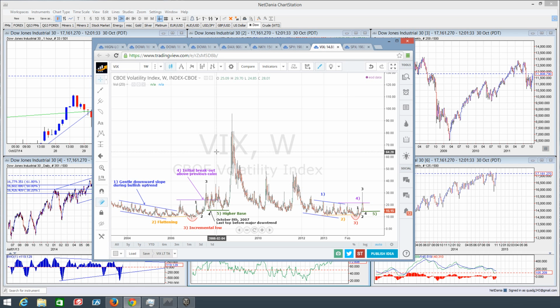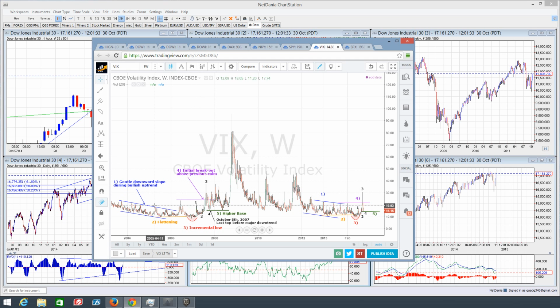When the puts are heavy, puts are often used as an insurance policy against a possible downtrend. So when the VIX is sailing to the upside, that means investors and traders are increasing their put exposure in the options market, and that causes the VIX to move to the upside.